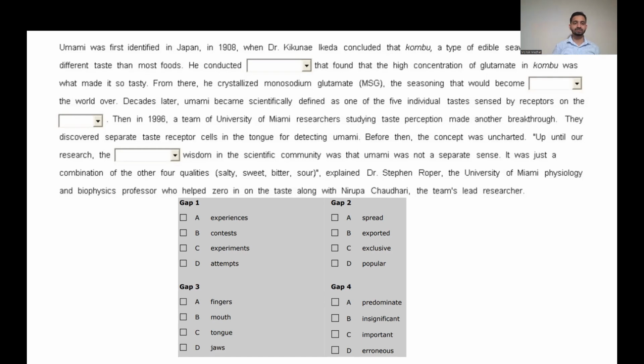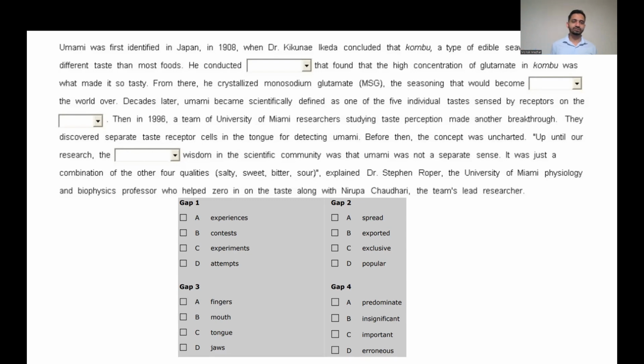So predominant wisdom in the scientific community was that umami was not a separate sense, right? It can be important, but predominant because most of the people believe that. That's what it means. In the community, this was what people thought, most of them.